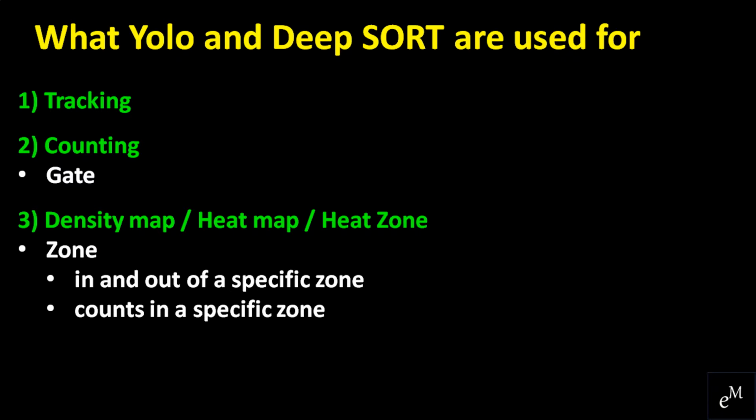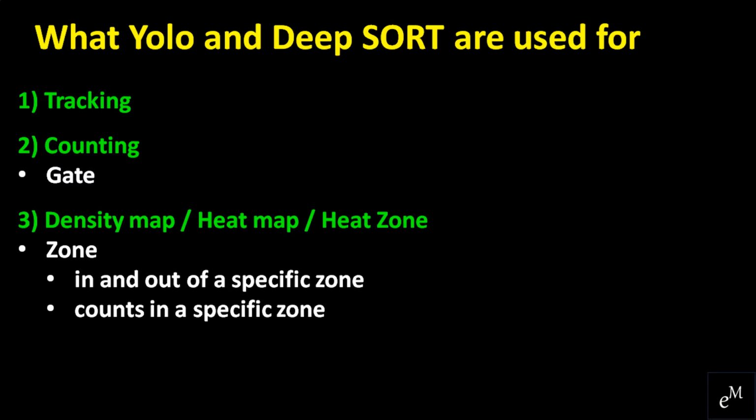Apart from tracking, DeepSORT has also been applied for counting the number of people, counting the number of vehicles, and also for creating density maps and heat maps, and for many other exercises. For example, for counting, very often we will define a gate or a line. If an object passes through it, we make a count.